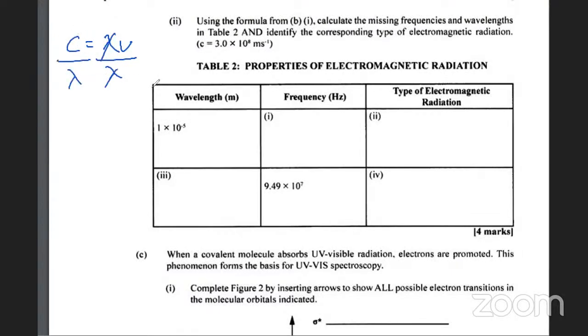So it is the speed of light over the wavelength that will give you the frequency. The speed of light is 3 times 10 to the 8 over this wavelength, 1 times 10 to the -5. The answer there was 3,000.